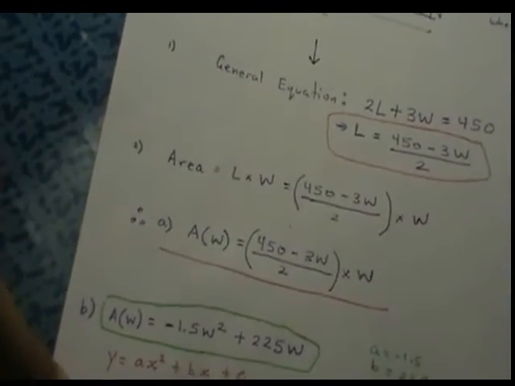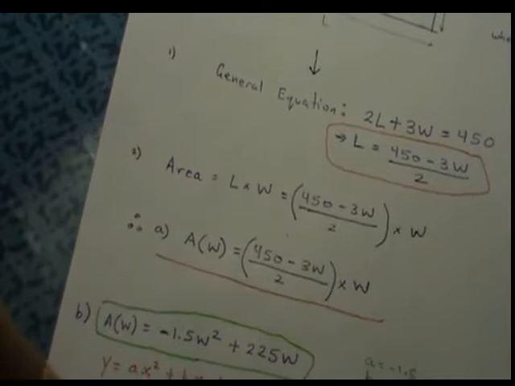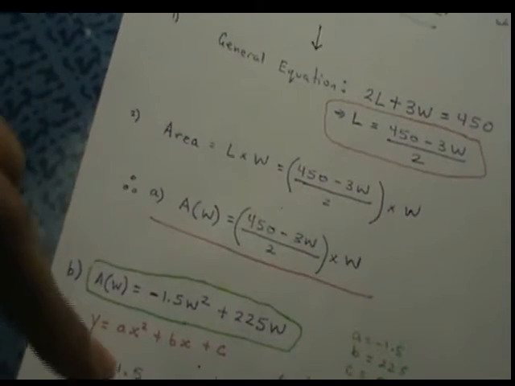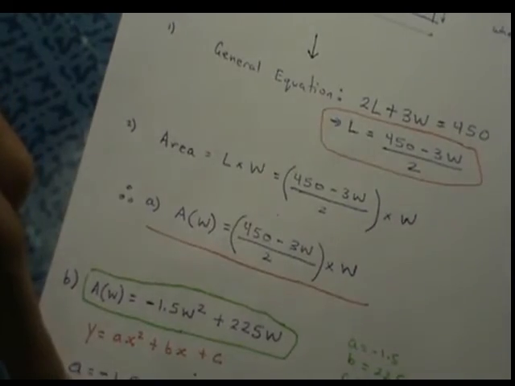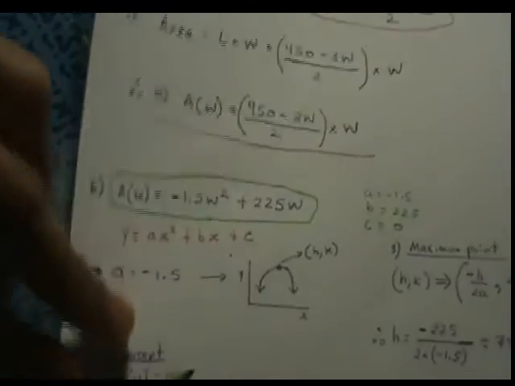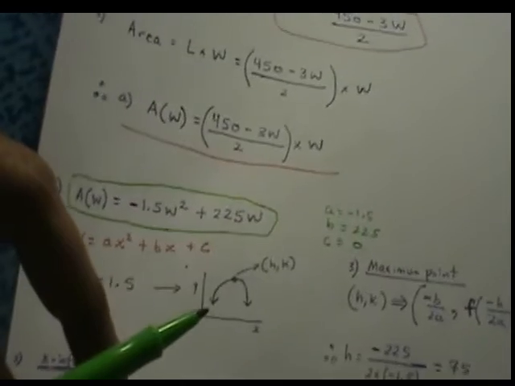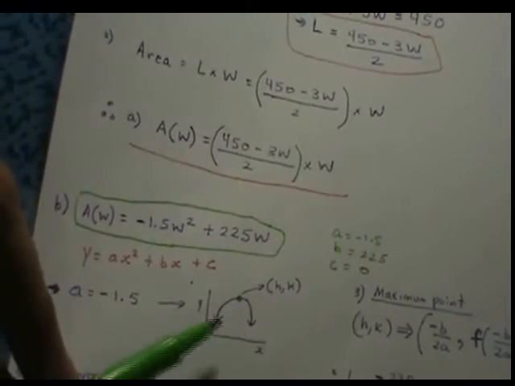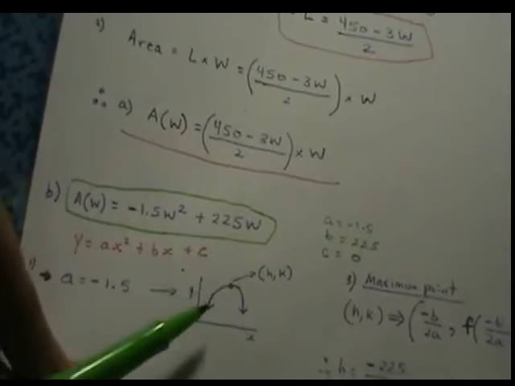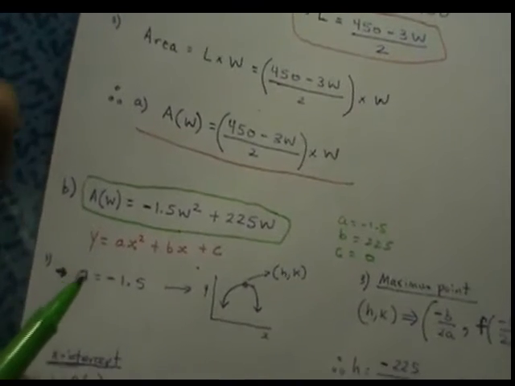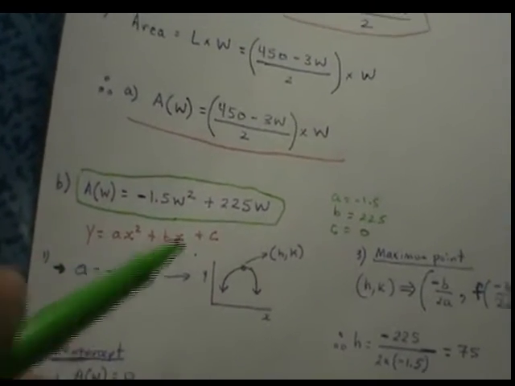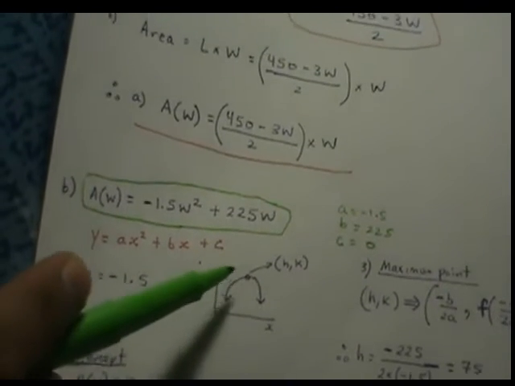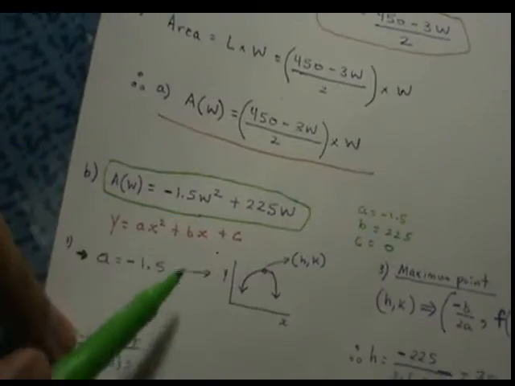And so because a is negative, we know that in general, the parabola, so this is the x-axis and this is the y-axis, oops, sorry. So this is the x-axis and this is the y-axis. We know that because the value of a is negative 1.5, because it has that negative, the parabola is going to be pointing down.